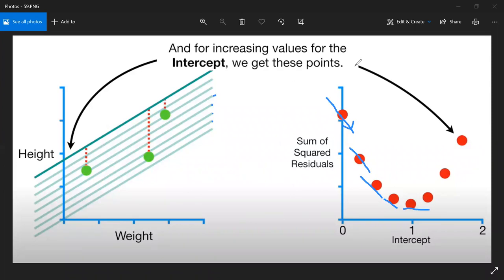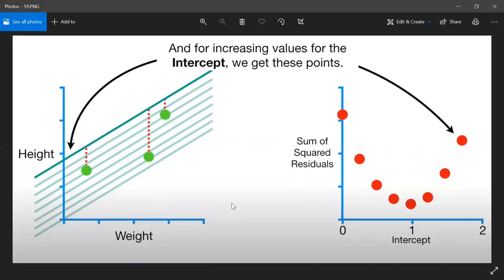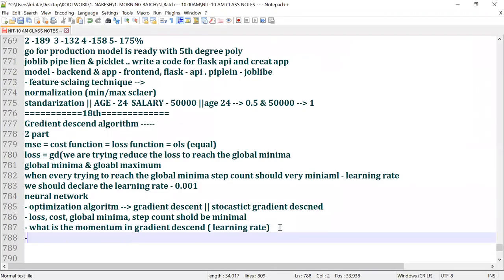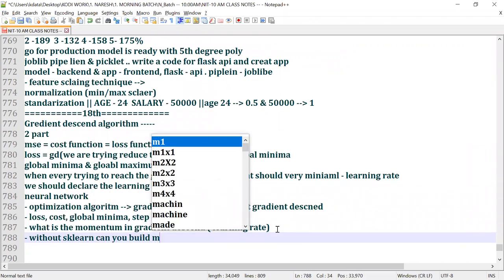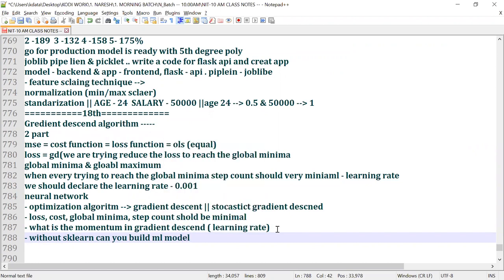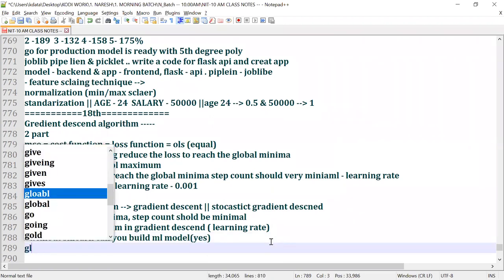At this moment, if someone asks you, without scikit-learn, can you build an ML model? Yes or not, guys? Yes, we can build it, and that concept we call gradient descent.